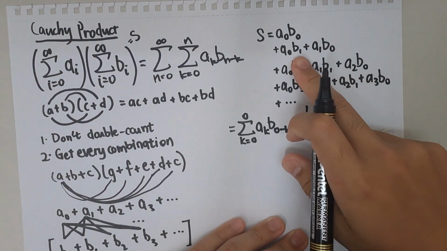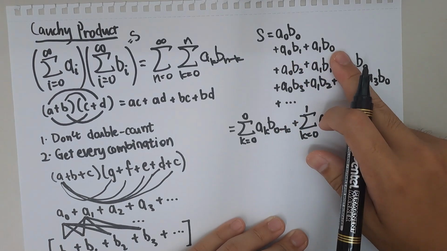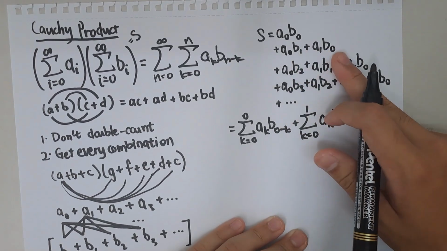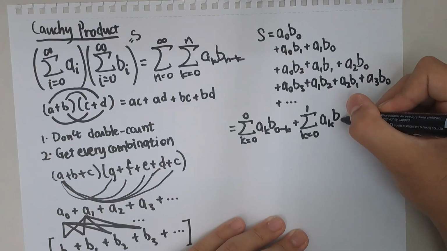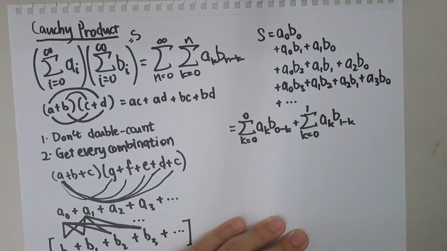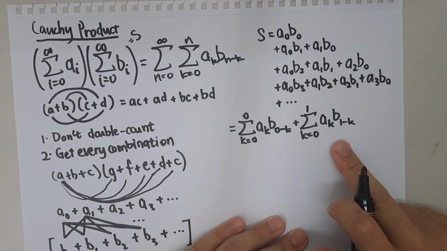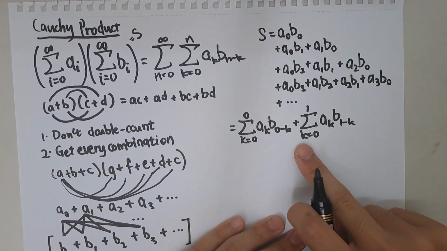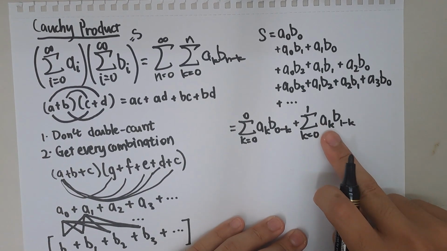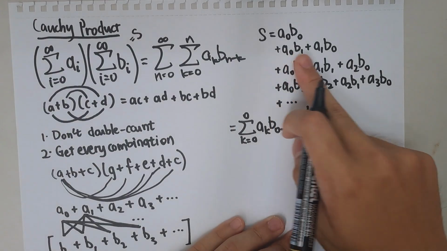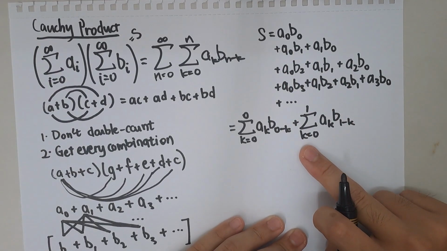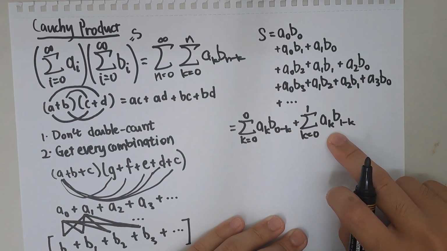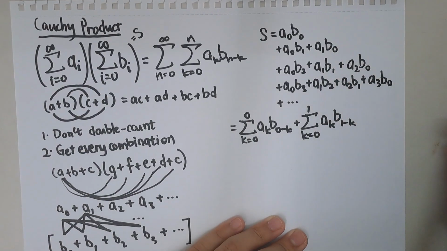In this case, we have a descending index for the B component. So we can write it as B sub 1 minus k, where, let's just check, if we sub in k equals 0, we get A0 B1, which is here, and if we sub in k equals 1, we get A1 B0, which is here.